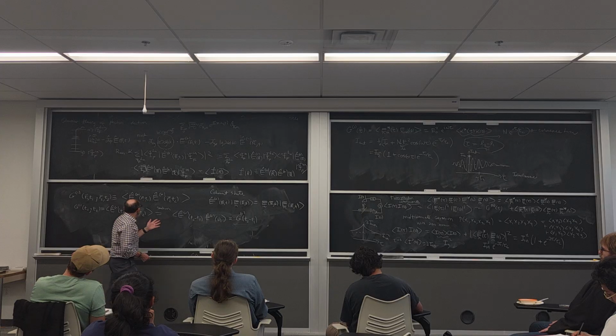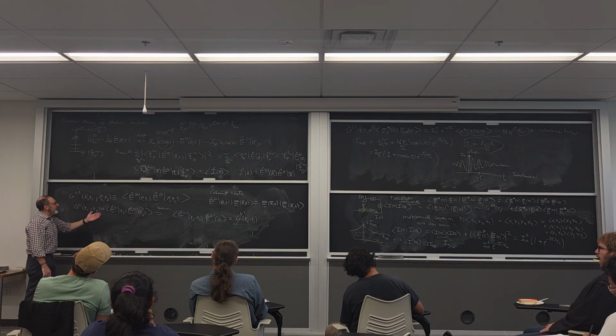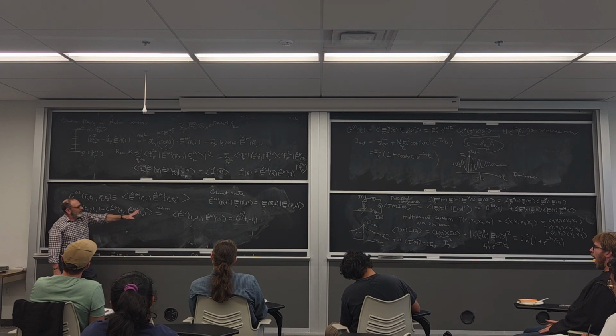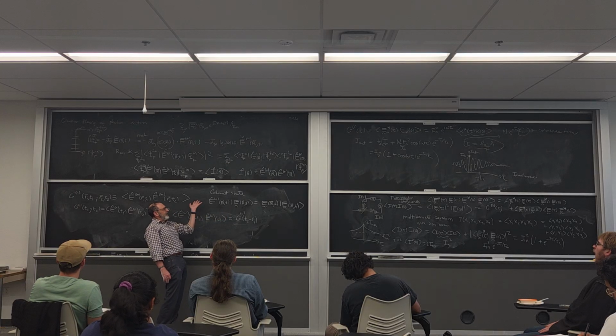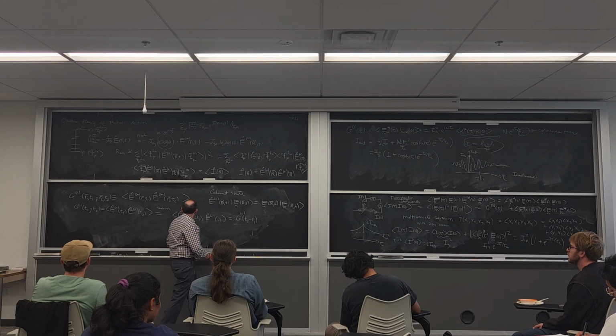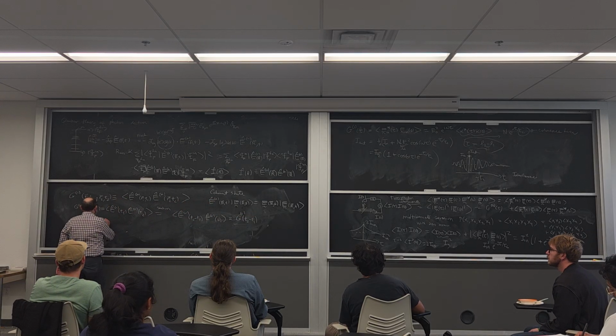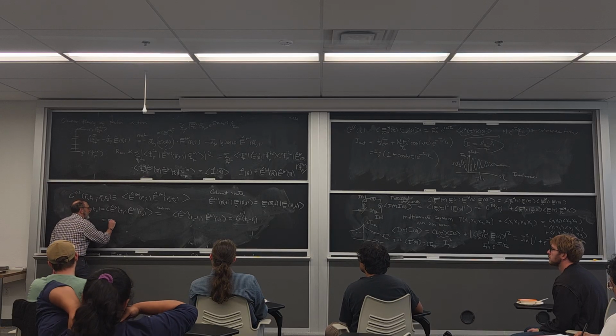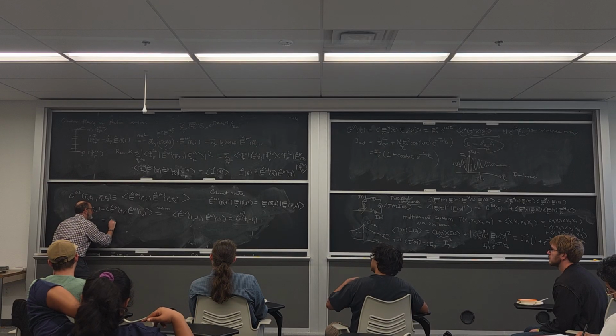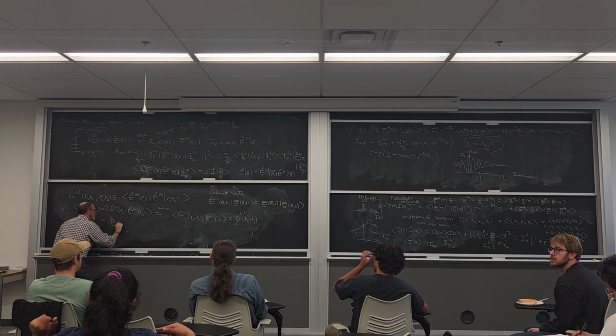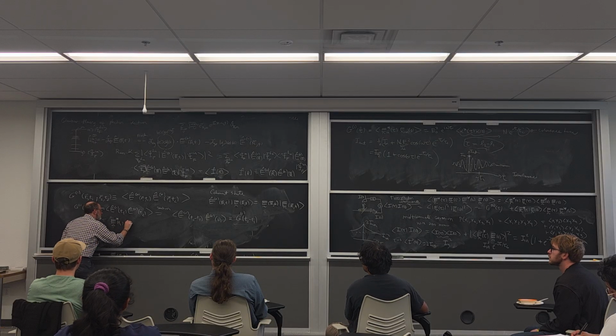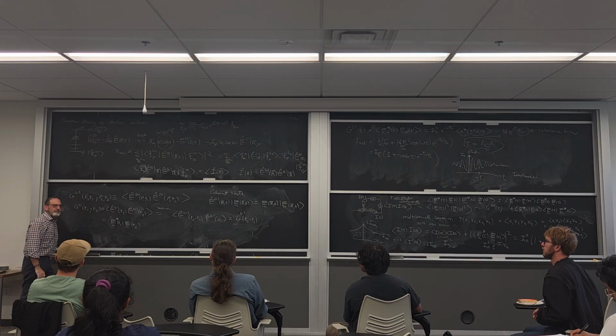So if I had a coherence state, what would this be? Well, if I take the conjugate of this, that would give me E star. For a coherence state, this thing is exactly the same as we had before.